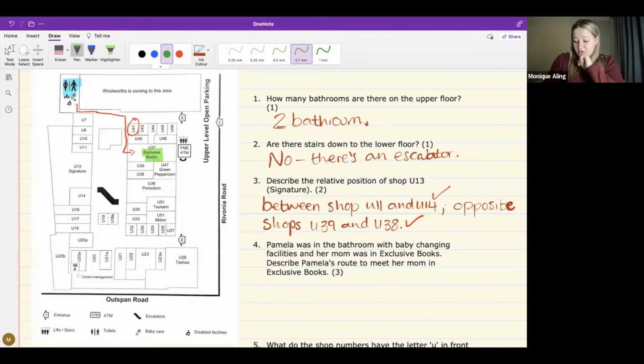So if you are starting from here, you could say you're going to turn left out of the bathroom. Then you will turn right. You'll pass shop 7, 8, 9, 10, 11, and on your left will be Exclusive Books.